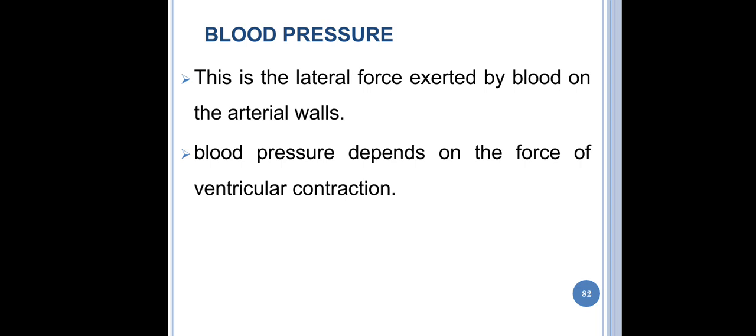So blood pressure depends on the force of ventricular contraction. The force exerted by the ventricles to pump blood out of the heart is very important because that's more like the water source, and it will determine the volume of blood to be pumped out. You get it?